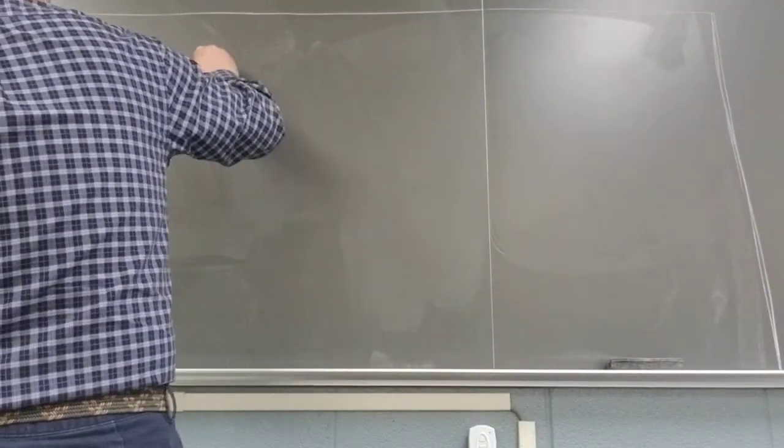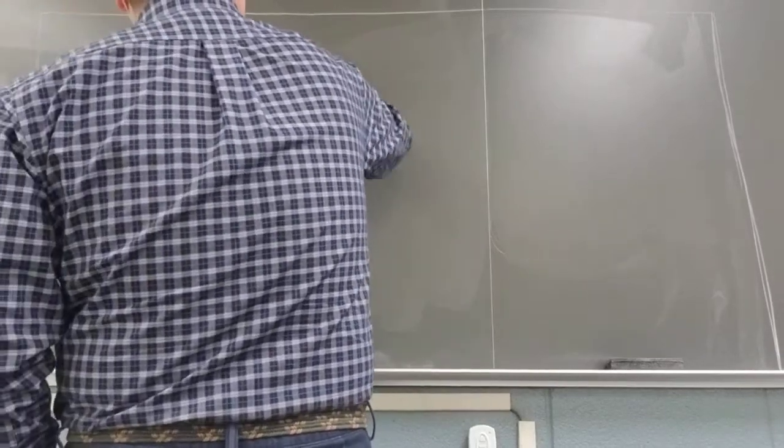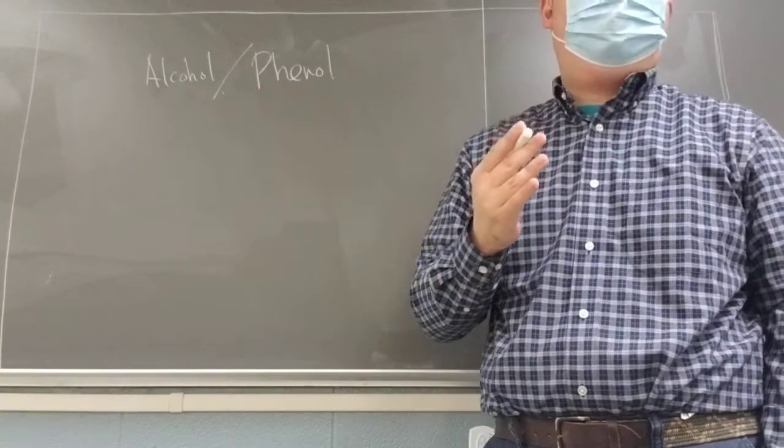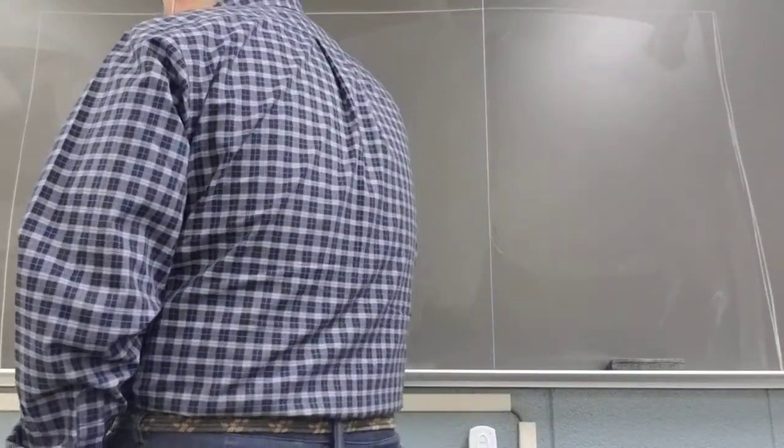All right, so before spring break, we talked about the alcohol and the phenol. So we know about the aromatic compound, and now we have an alcohol compound that looks like this, right?